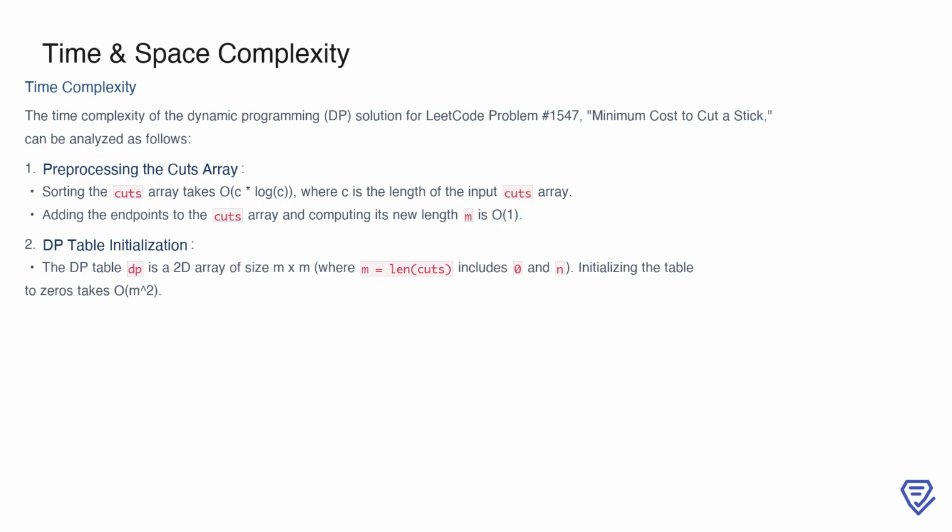This operation, along with computing its new length m, is a simple constant time task, O(1). Next, we initialize our DP table, which is a 2D array of size m×m. Since m is the length of the updated cuts array, initializing all entries of this table to 0 requires m squared time. These steps lay the groundwork for solving the problem efficiently using dynamic programming.